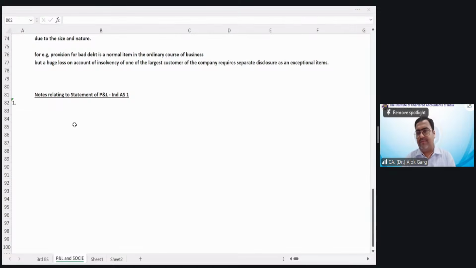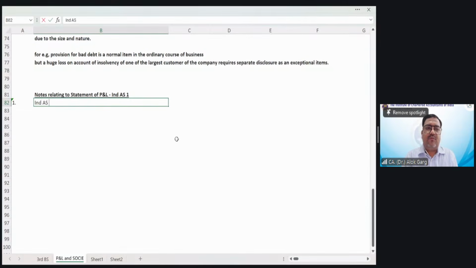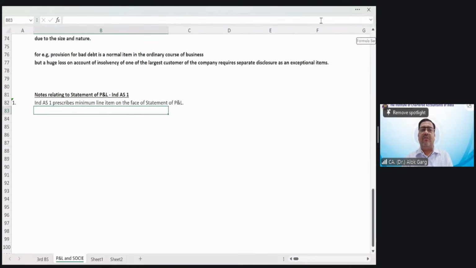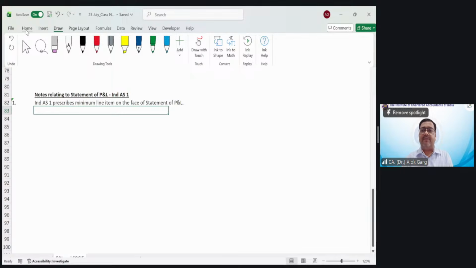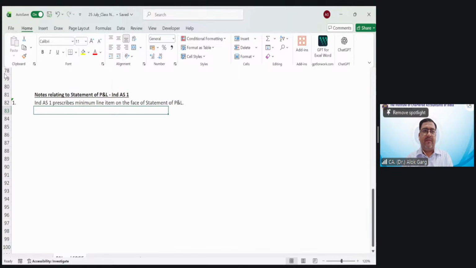So first, Ind AS 1 prescribes minimum line items on the face of the statement of P&L. Ind AS 1 prescribes minimum line items on the face of the P&L, right? Okay.